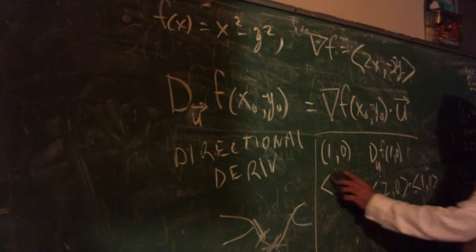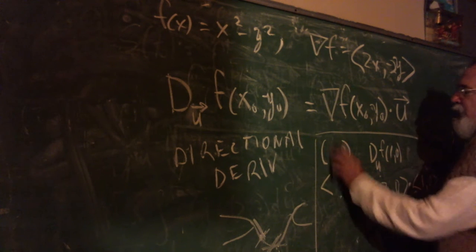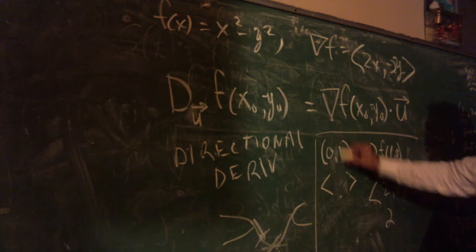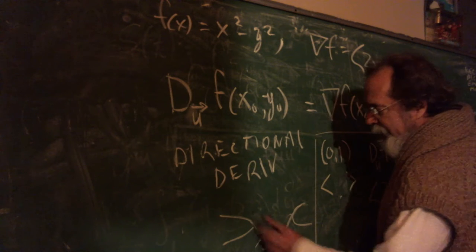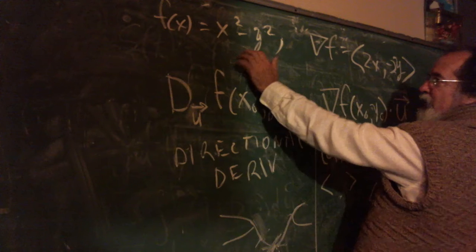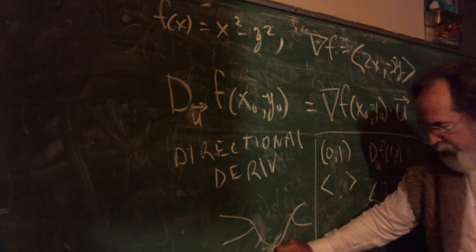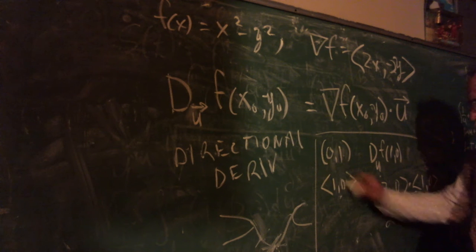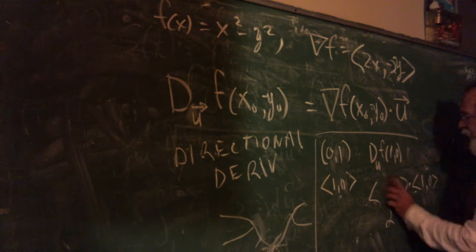So one more. Let's say I'm at the point 0, 1. Now I'm down here somewhere, because at 0, 1, I've got a negative z coordinate. If I look in the direction 1, 0, let's do this problem again.